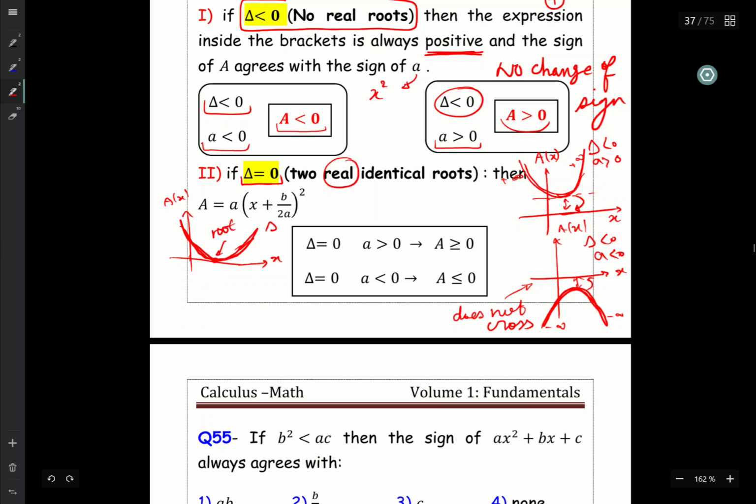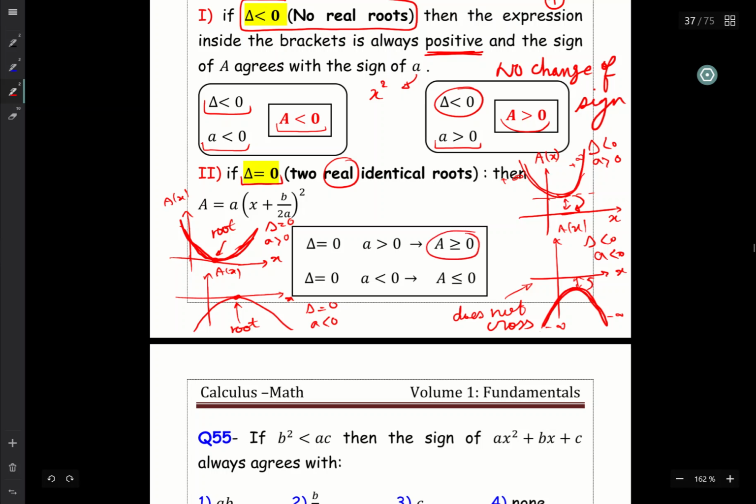This is delta 0, but a is positive, and the other case is when delta is 0, we are touching the horizontal axis and we have a double root here, and a is negative. So delta 0, a positive, our quadratic function can be positive or 0.